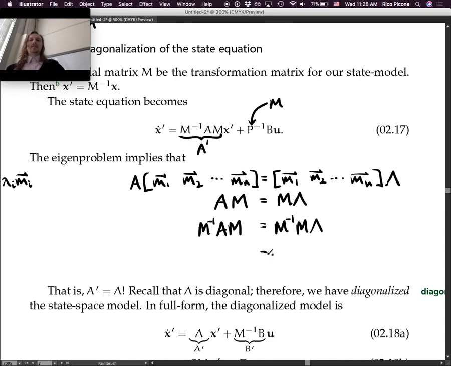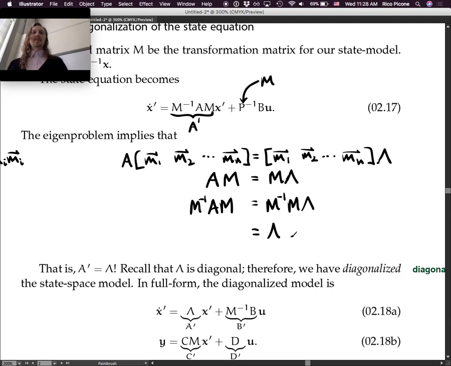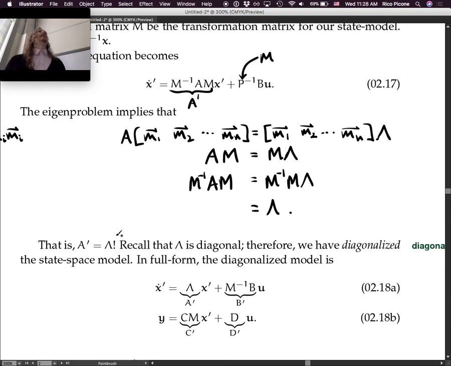And this right-hand side can simplify, right? M inverse times M is just the identity matrix, and the identity matrix is just like 1, so you don't even have to write it. And we are left with lambda on the right-hand side. This is the aha. So you guys can all be like, oh my god, this is beautiful. This is so cool. Look at that. So we discovered that A prime is equal to lambda. Not factorial. That's just excitement.